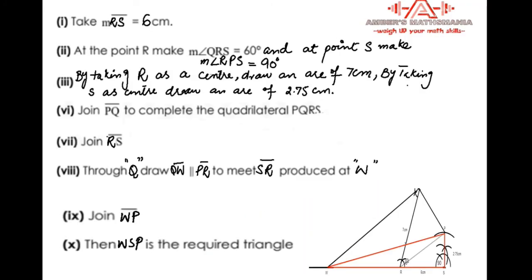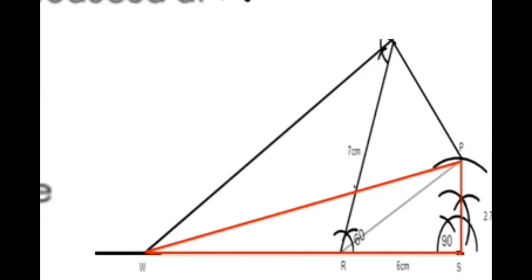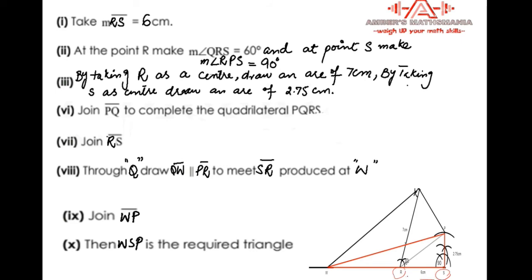First of all, we have taken RS equal to 6 centimeters. We took it first, and afterwards at point R we have drawn an angle of 60 degrees, and at point S we have drawn an angle of 90 degrees.